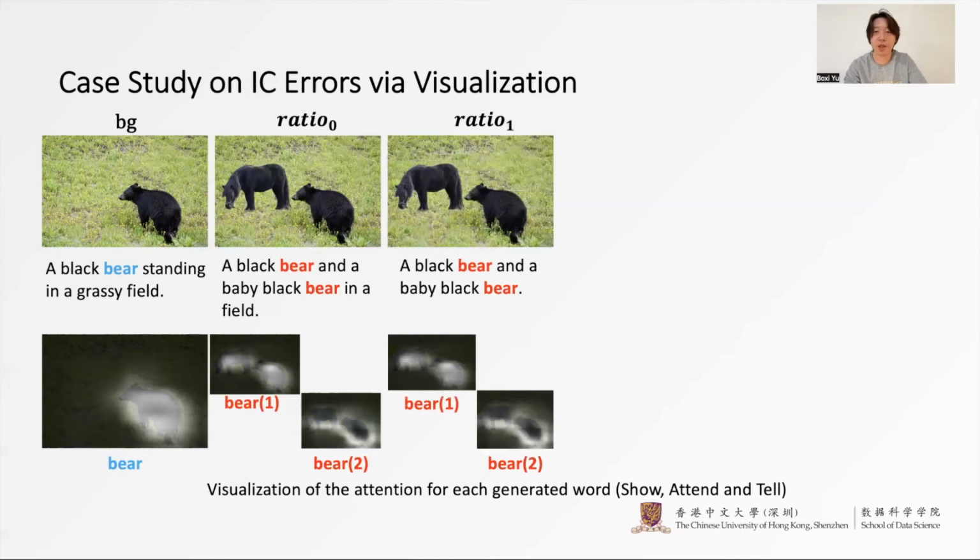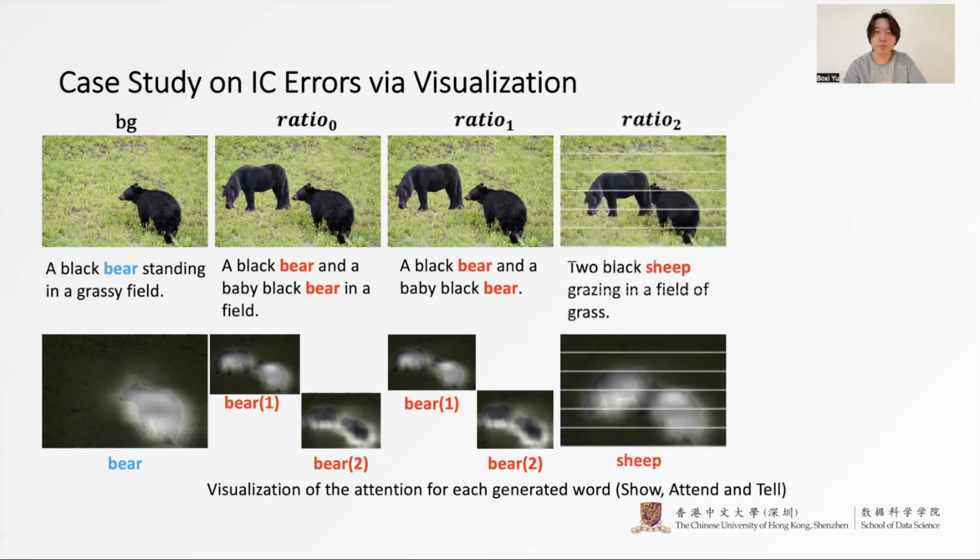And when we change the overlapping ratio, we found that the bear and the horse are captioned as the bear and bear. When we continue to increase the overlapping ratio, the horse and the bear have been captioned as 2 black sheep in the image.